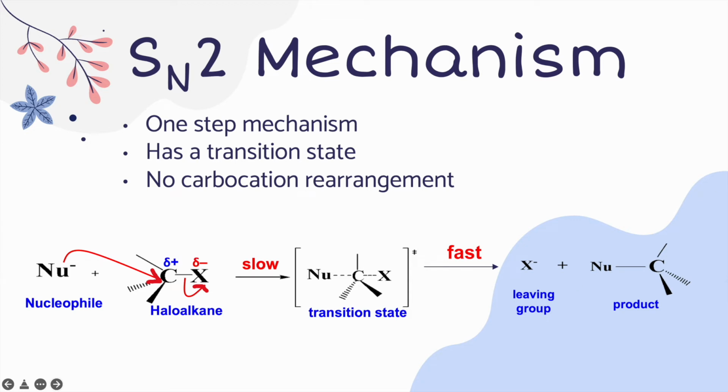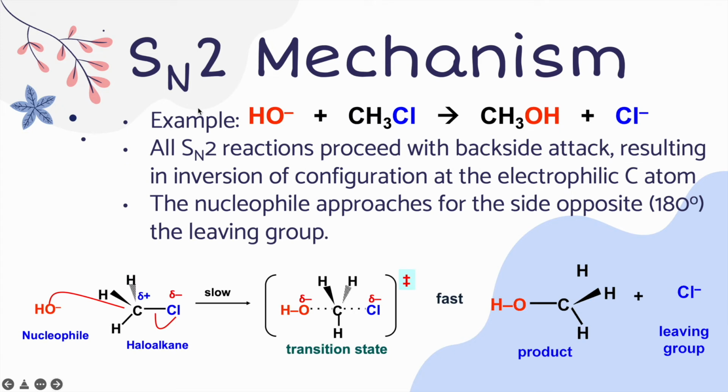No carbocation involved, so no carbocation rearrangement. This is how you draw the SN2 mechanism. For example, OH minus reacts with haloalkane. This OH minus is the nucleophile. It will replace the halogen atom in the haloalkane, becoming alcohol with halide ion as the side product.